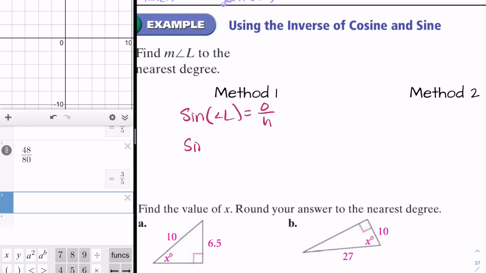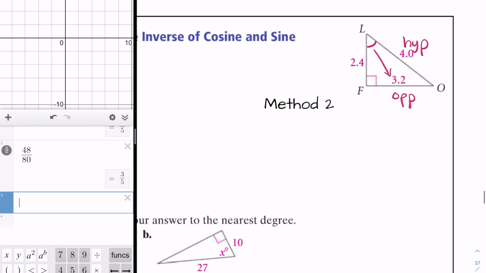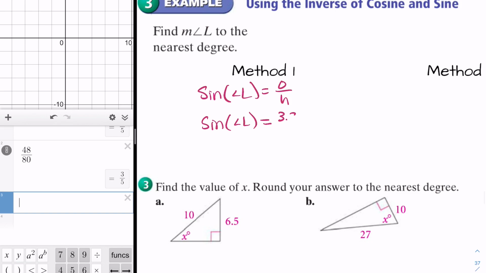So the sine of angle L equals 3.2 over 4. So sine inverse of 3.2 over 4 is equal to the measure of angle L.